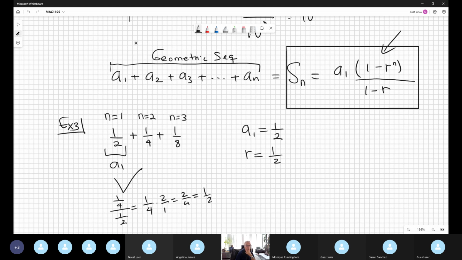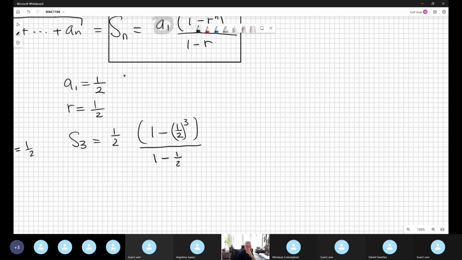Now suppose I apply that formula. Suppose S3. Why 3? Because it's 1 to 3. A1 is 1/2. Now parentheses, 1 minus 1/2 raised to the cubic power, because the summation contains 3 elements, divided by 1 minus 1/2.